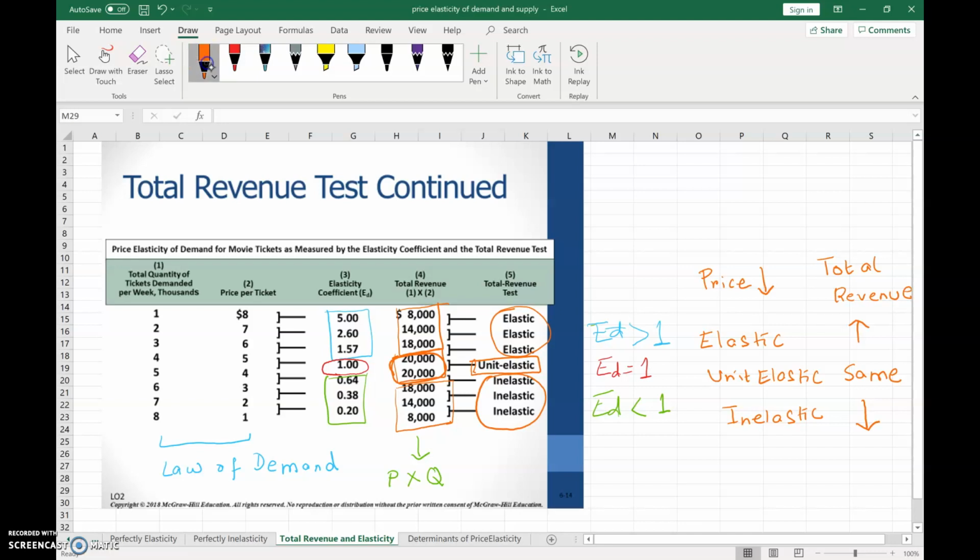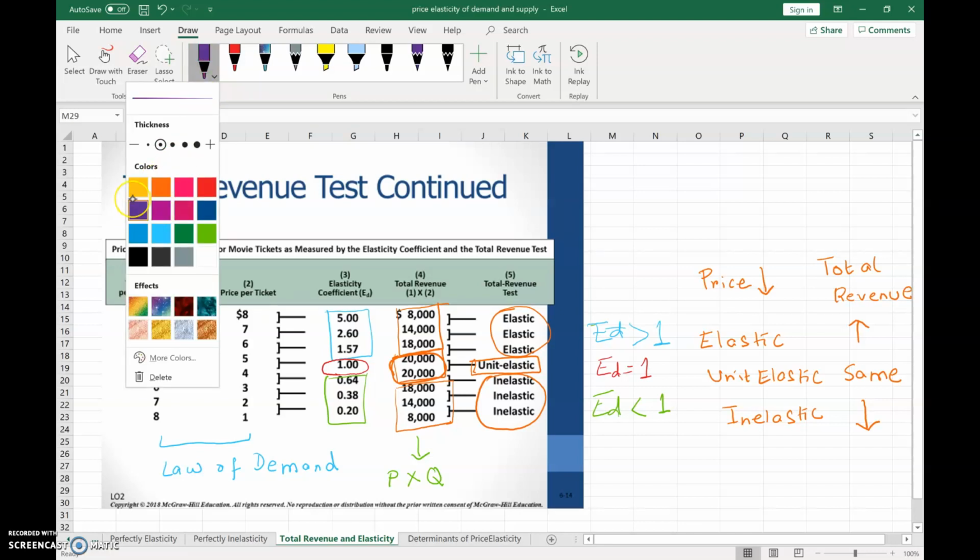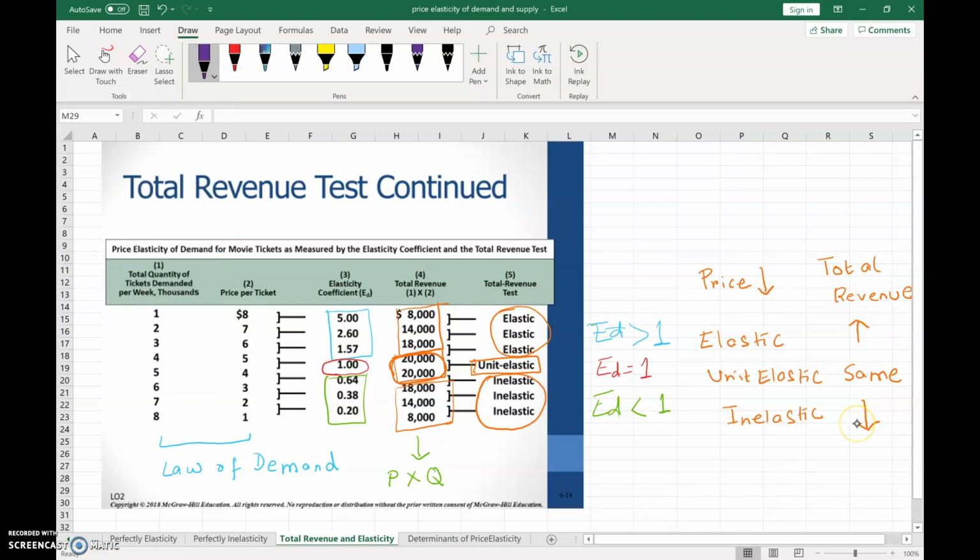Okay, now I want you to think more and look at this in another way, like look at the price elasticity and total revenue interaction.